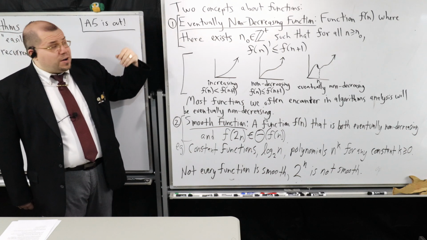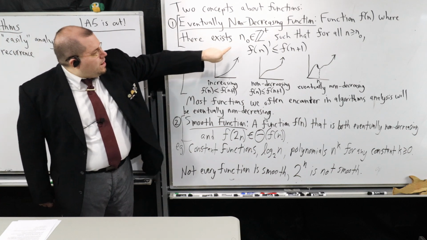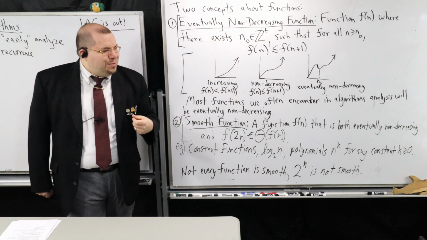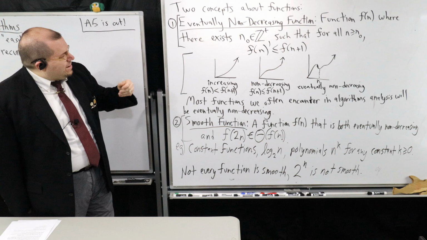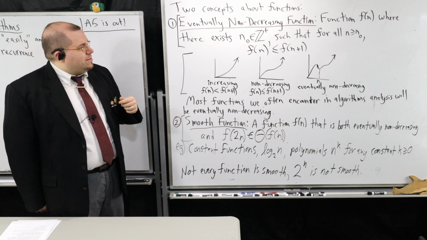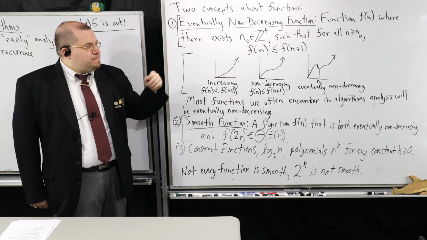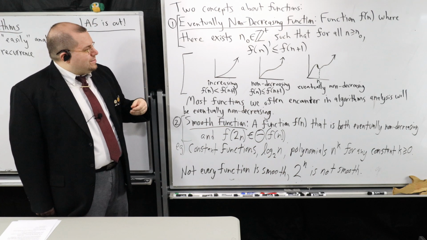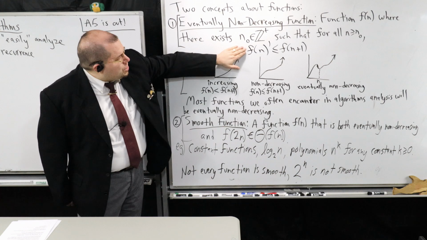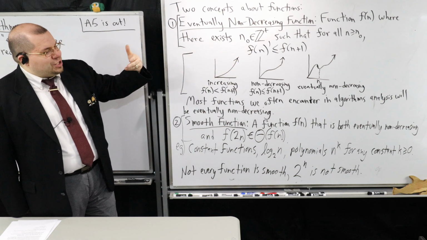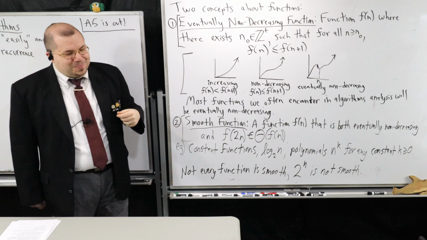This is simply a function where there exists a constant n0, akin to the definition of big O, a positive integer constant n0, such that for all values of n after and including n0, it has to be that f(n) is less than or equal to f(n+1).